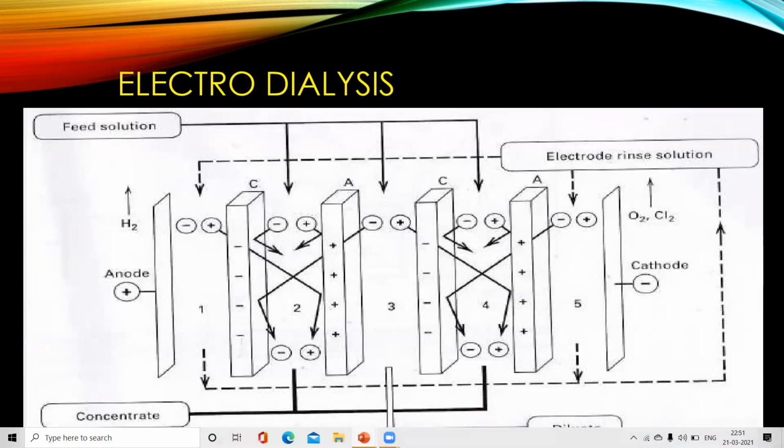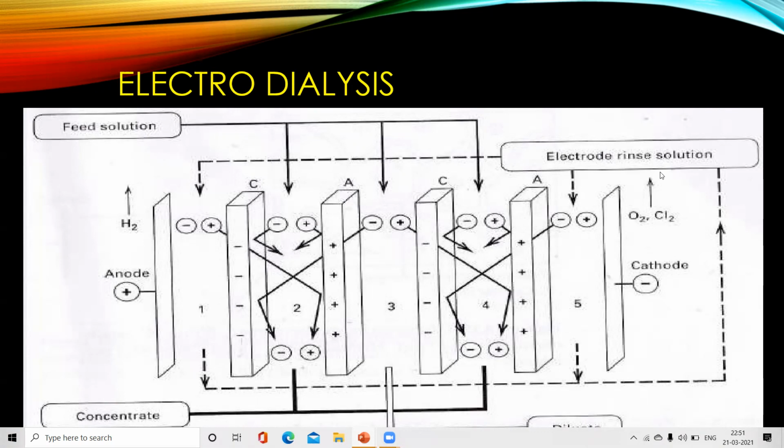Here, this is the connection of the electrodialysis system. The two oppositely charged plates are placed, the anode and cathode, represented by A and C, which change polarity when the ions move from one side to another. Here we are seeing the feed solutions, which are placed in between the cathode and anode.